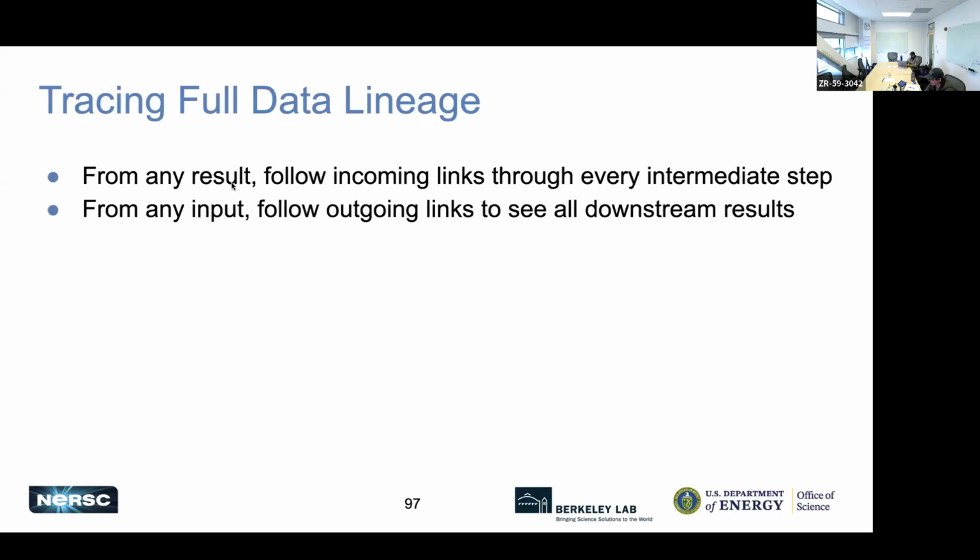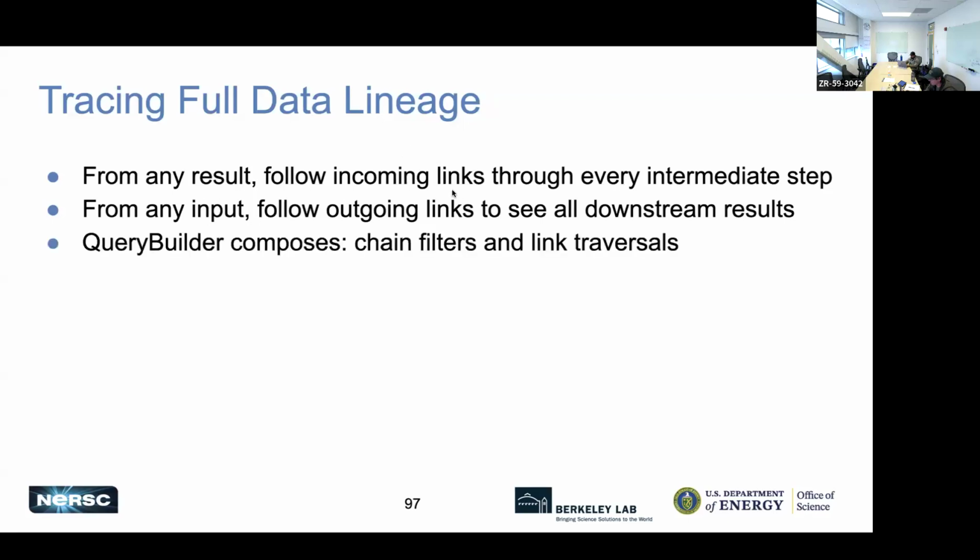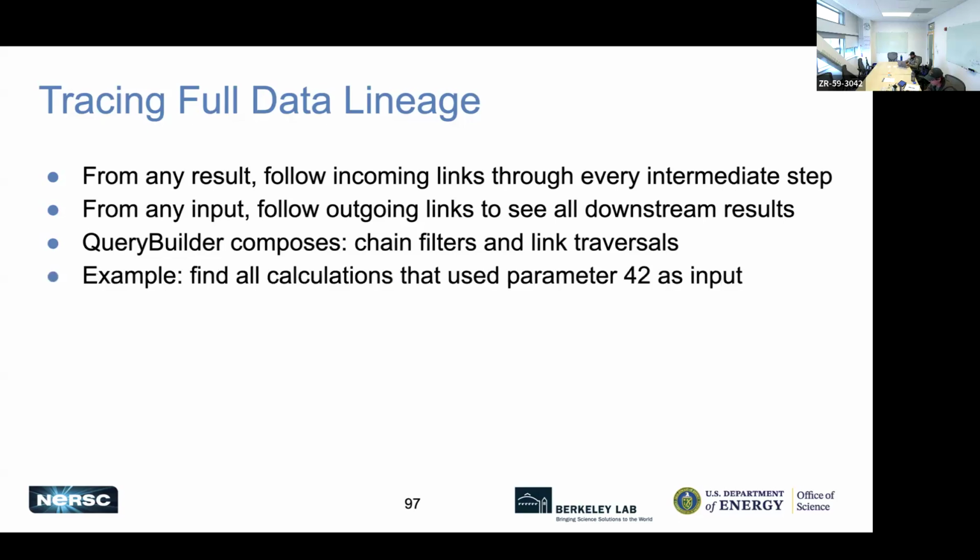Follow incoming links, follow outgoing links. Query Builder components can be composed together. You can mix up your filters and your traversals and do however many combinations of specific things that you need to do to pick out exactly what you want from the history.